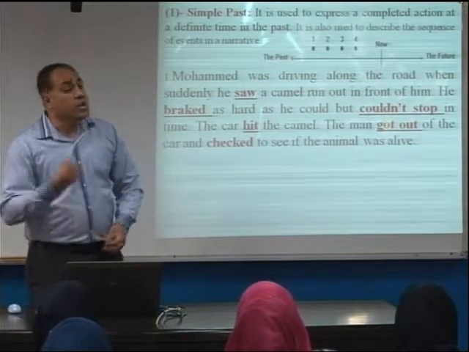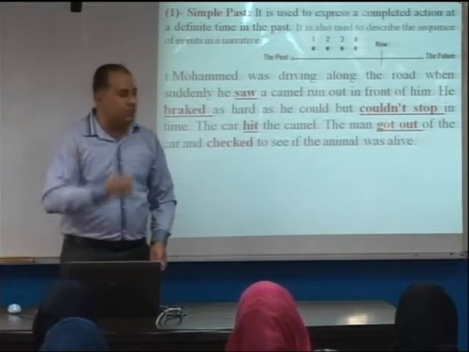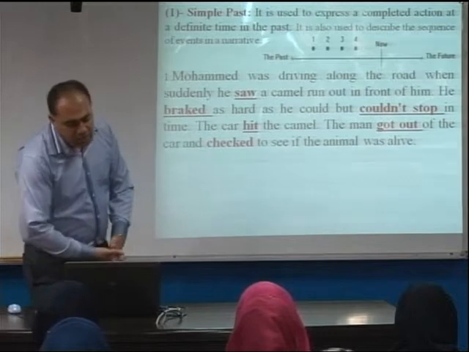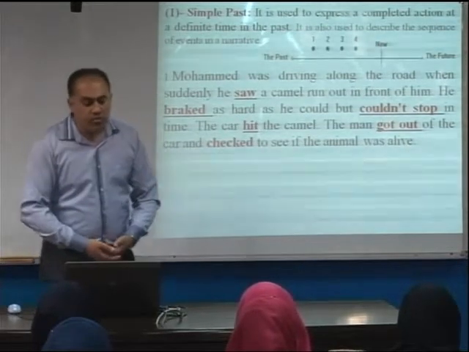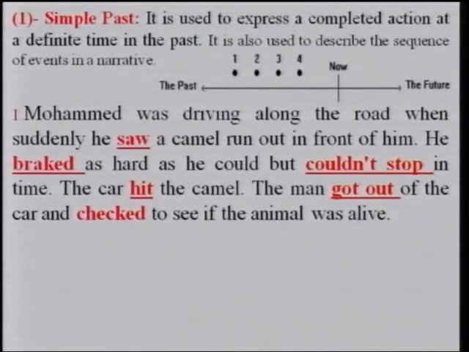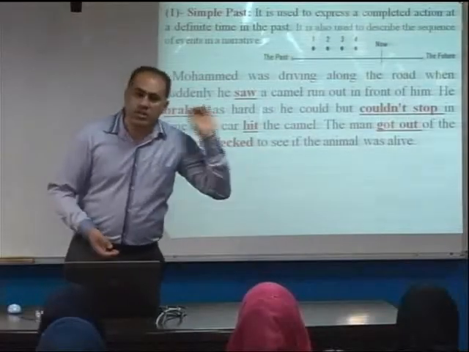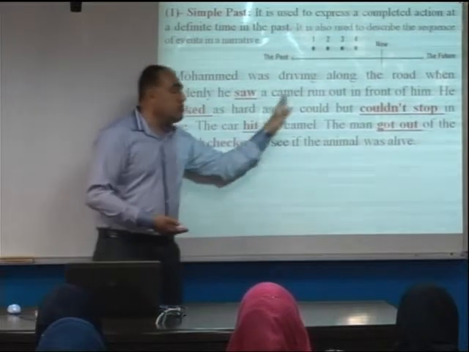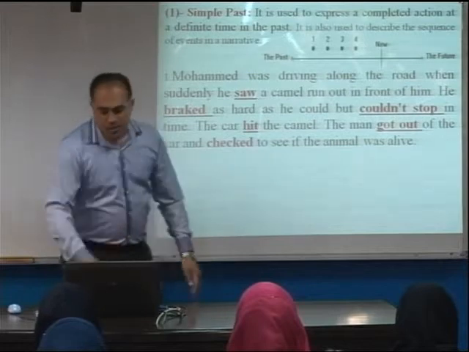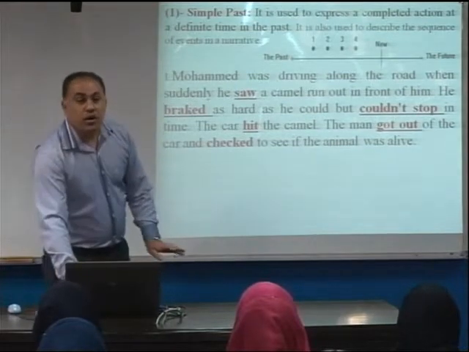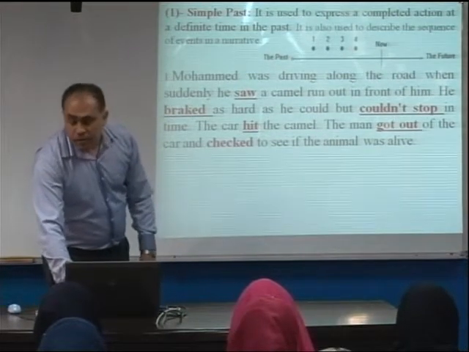The car hit, the past tense of hit, the camel. The man got out, not gets out, got out of the car and checked to see if the animal was okay. So as we can see, these are a sequence of events in the past, and they all describe completed actions in the past. You will notice that all the verbs are in the simple past tense.